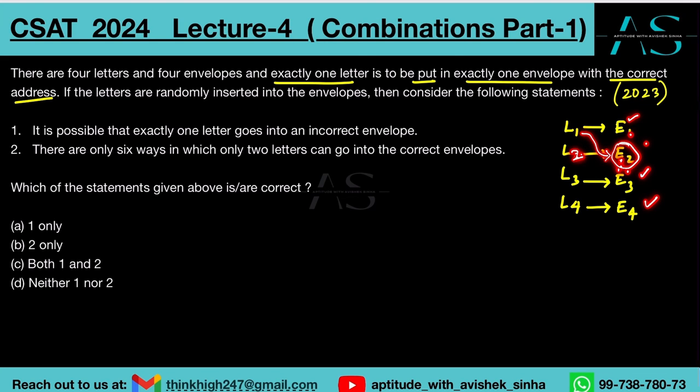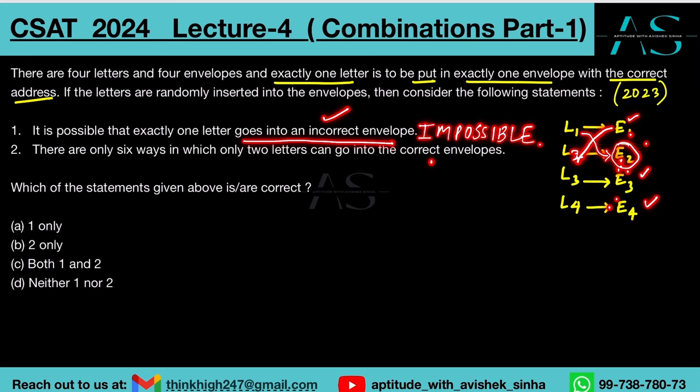That means it says exactly one letter goes into the incorrect envelope. This is impossible. If one is incorrectly placed, naturally the other one will also be incorrectly placed. So we cannot have exactly one case. We can have at least two cases.